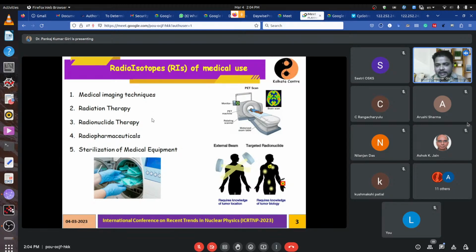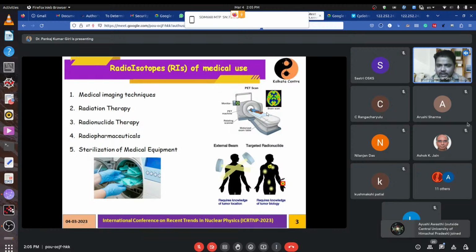As I illustrated here, PET imaging, which is positron emission tomography, is basically used for the imaging of different metastatic kinds of deformation in our body, or we can have a pictorial representation of where the particular deformations occur in our body. I'll explain the PET scanning in the next slide.